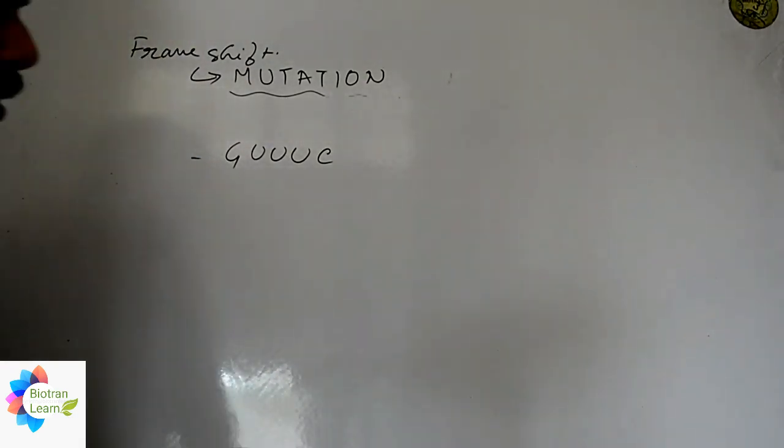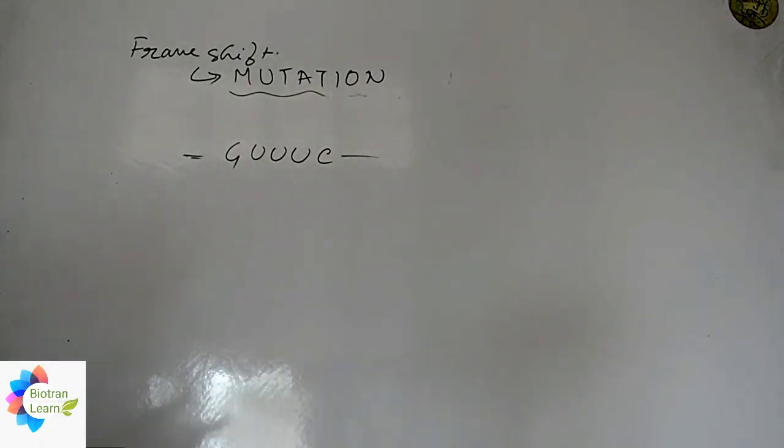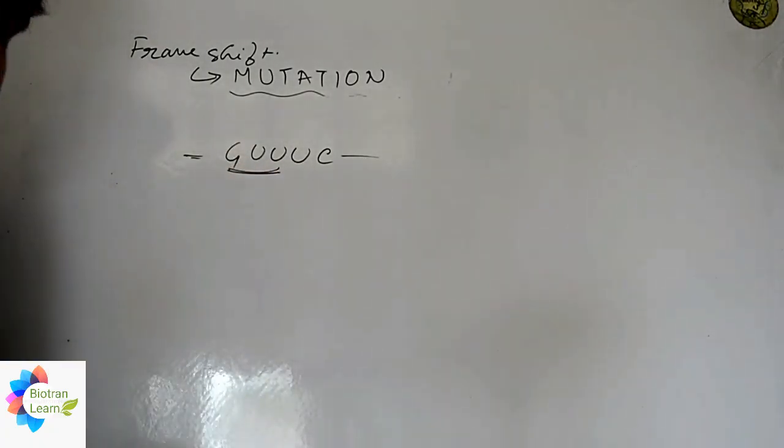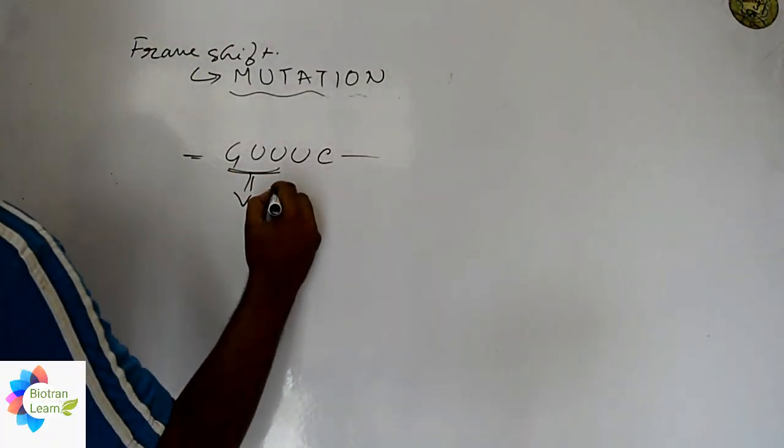And that is our particular code, and this particular code sequence codes for valine, right?